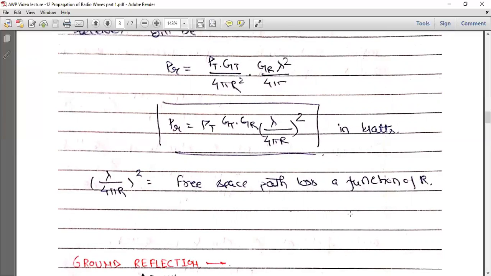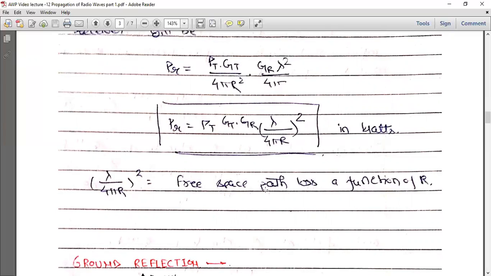And this is very practical to us, that if the mobile antenna goes away from the base station, in that case R increases between them, and that's why the power received by your mobile phone reduces, and you say that you are moving out of the coverage area.